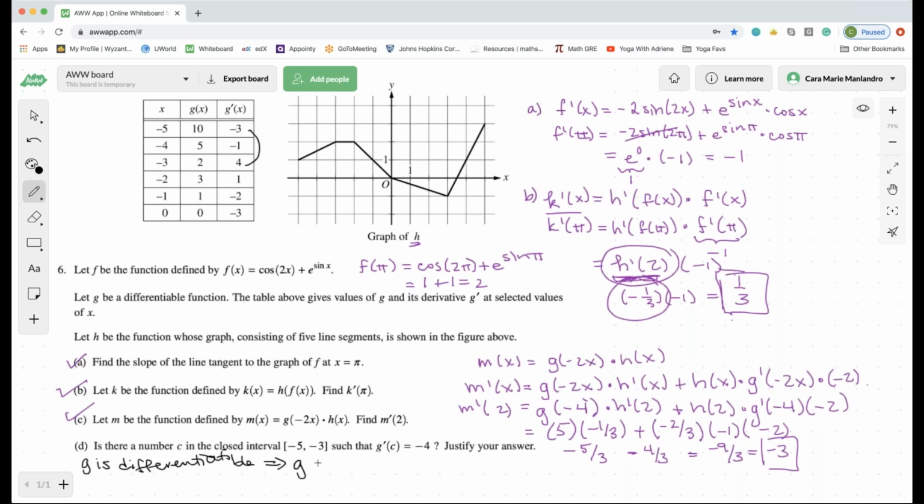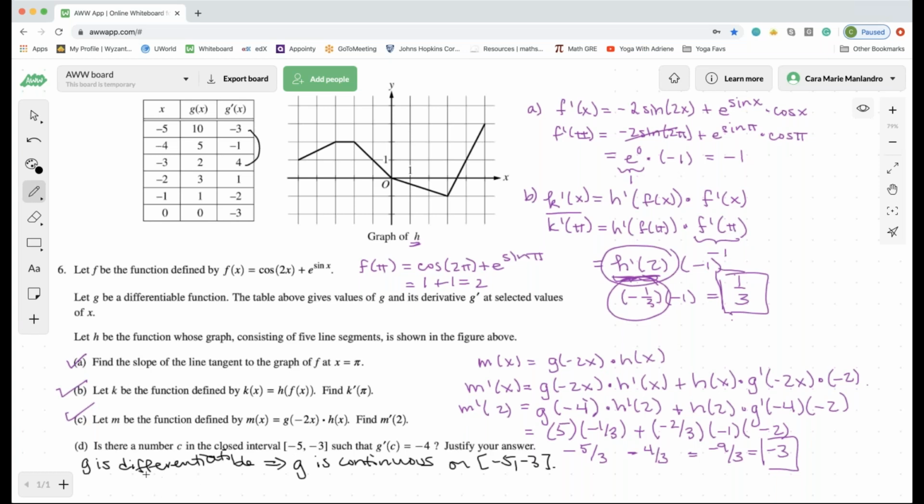Therefore, G is continuous. That's a theorem on the interval, right? And so I can go ahead and then use the mean value theorem, all right?